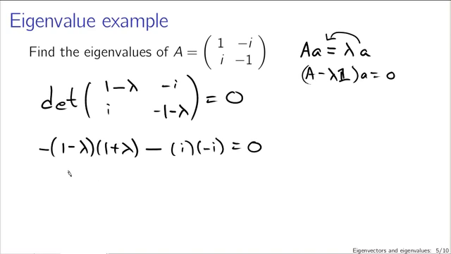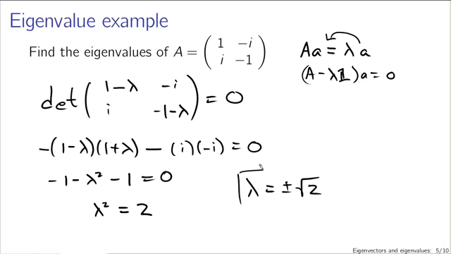If you expand this out, you end up with minus 1 minus lambda squared from these two terms, minus 1 from this, equals 0. So the actual equation you have to solve in this case is pretty easy. Lambda squared equals 2. What that means is that our eigenvalues, lambda, are equal to plus or minus the square root of 2. So we have two eigenvalues, plus and minus the square root of 2.